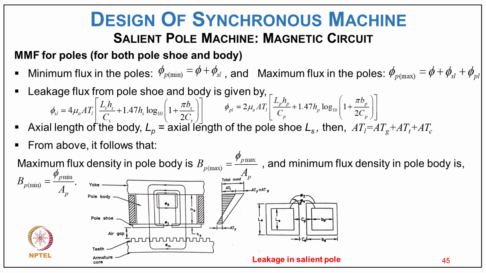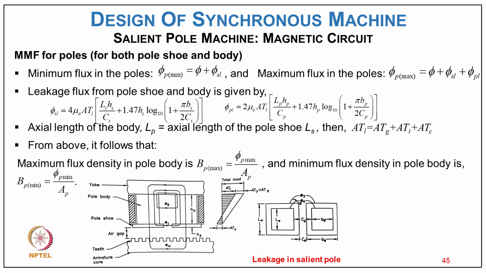The leakage flux from pole shoe and the body is given as phi SL equal to 4 pi AT in bracket Ls Hs by Cs plus 1.47 Hs log10 in bracket 1 plus pi Bs divided by 2 Cs, and phi PL equal to 2 mu0 ATL in bracket Lp Hp divided by Cp plus 1.47 Hp log10 in bracket 1 plus pi Bp divided by 2 Cp bracket close. The axial length of the body Lp is equal to the axial length of the pole, that is Ls.